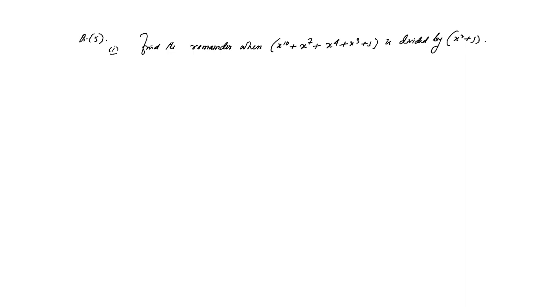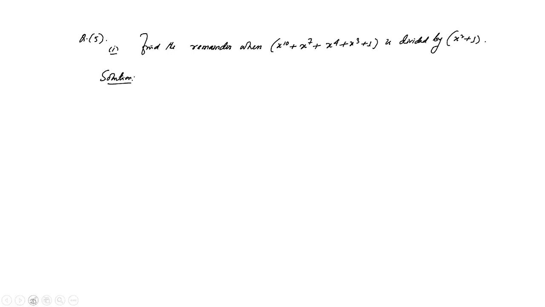So till now we have solved the problem: find the remainder when a polynomial is divided by a linear polynomial. Now it is divided by a quadratic polynomial. So here we have to solve with the help of the division algorithm.